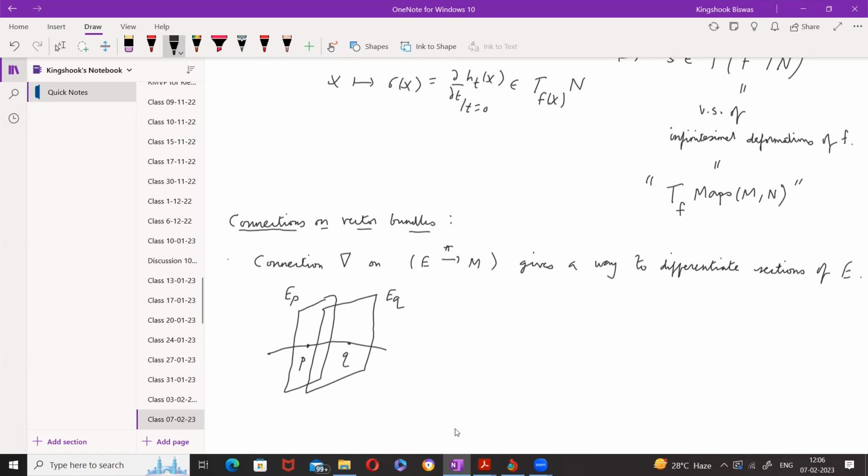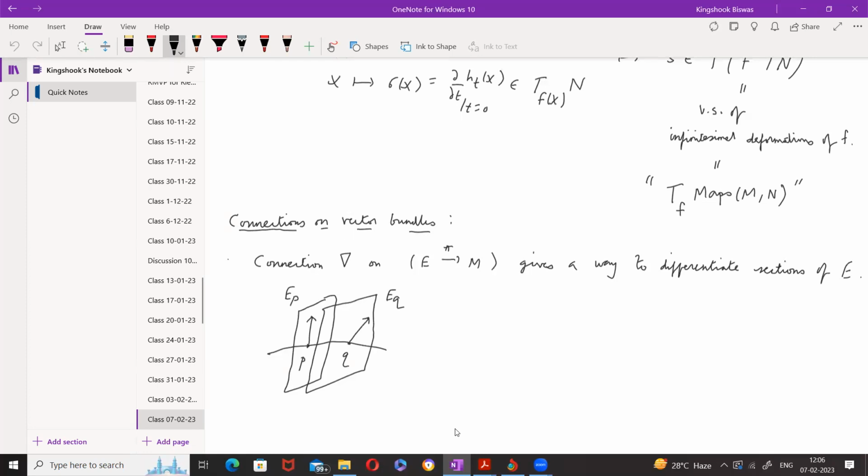If I have a section, it is some vector here at P and some other vector here at Q. I want to be able to differentiate this section.